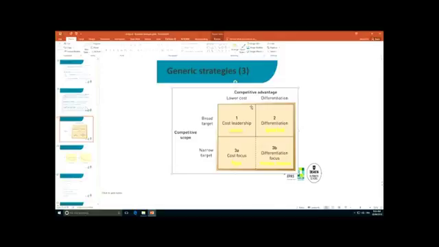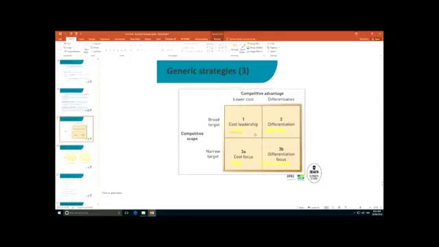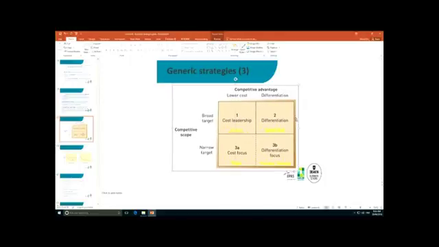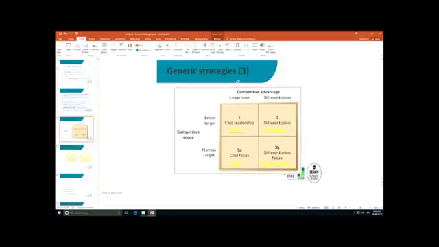And in actual fact, there is a little spot here which is very interesting. It's called best value. Let's see if I can just quickly add a text box. Insert. Okay.